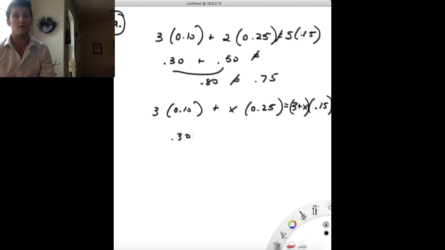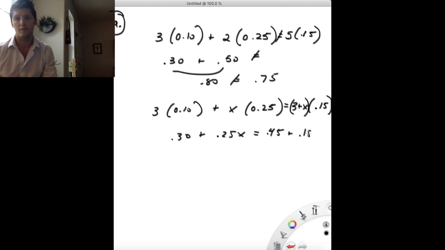You'd say 0.30 plus 0.25x equals, you've got to distribute this, 0.45 plus 0.15 times x. And then you could just do this math. Look, you could multiply everything by 100: 30 plus 25x. Get rid of these scary decimals without a calculator. And then you could finish. Subtract 15x.